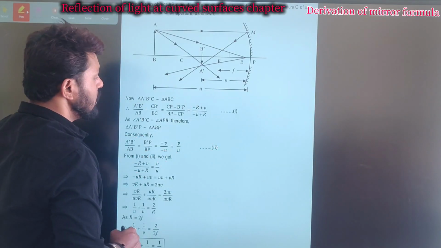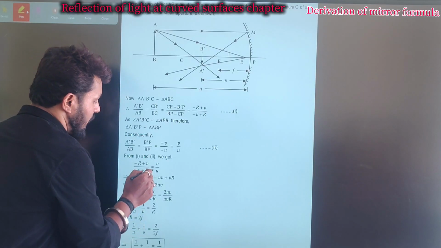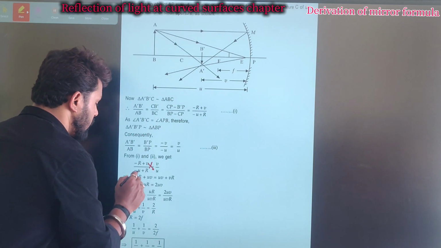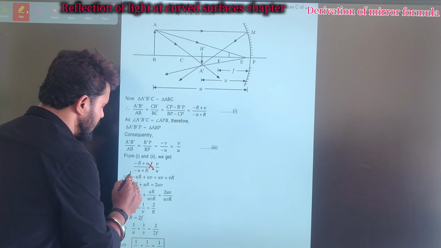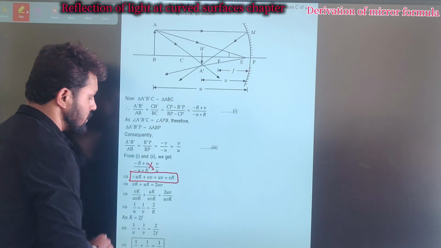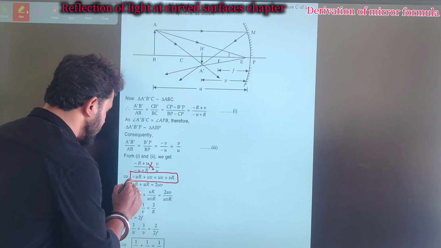Now, if we move ahead, I have this equation. I will cross multiply here with U and V. Then I will get this equation, and after solving that equation, I will get this equation.